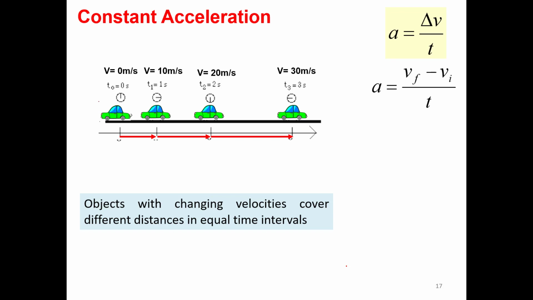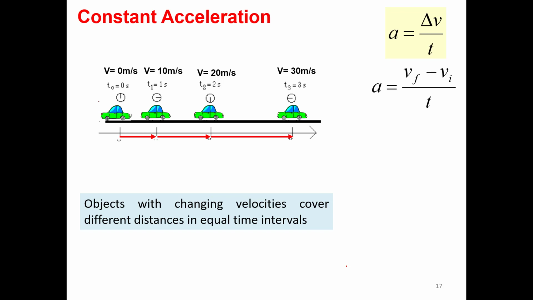The next thing we want to describe is how we will know if some object is moving at constant acceleration. As we already know how to describe when an object is moving at constant velocity, now we want to do the same for constant acceleration.